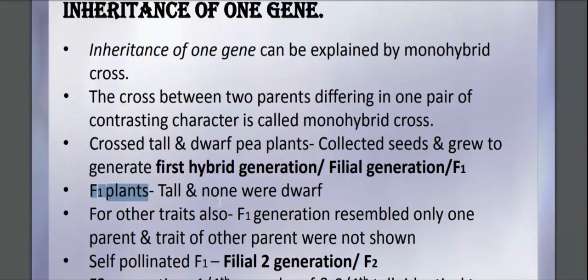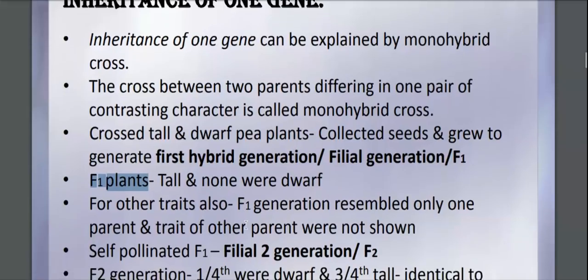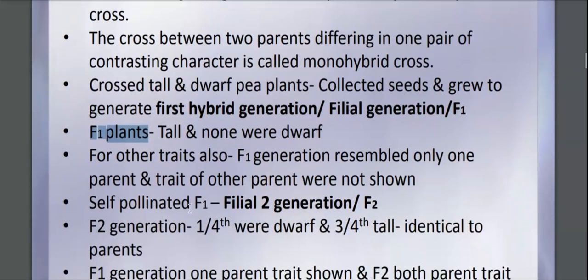Next, he self pollinated the F1 offspring to get the second generation. So, in the first case, he crossed two parents to get the F1 generation, which resembled only one of the two parents. In this example, all were tall. In the second case, he took all these tall F1 plants and self pollinated them and got the F2 generation.